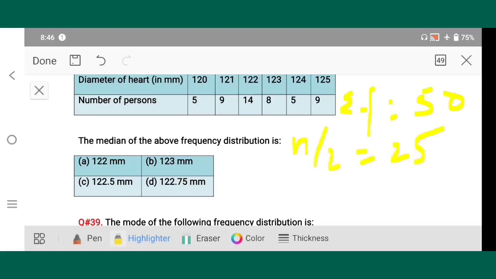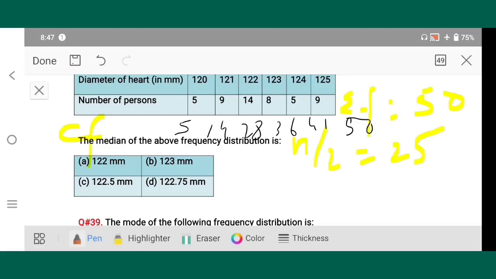To locate the median class, we are going to find the cumulative frequency column: 5 plus 9 gives 14, 14 plus 14 gives 28, 28 plus 8 gives 36, 36 plus 5 gives 41, 41 plus 9 gives 50.